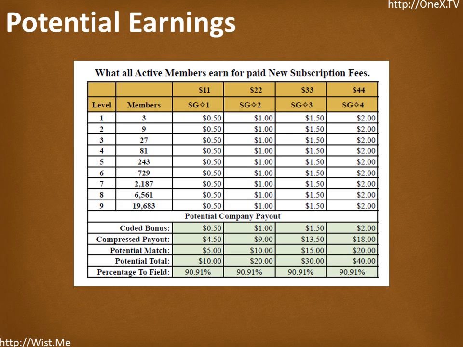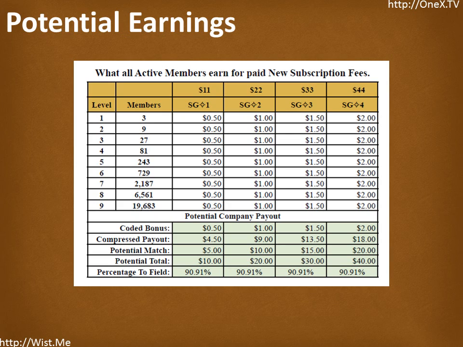Okay, now let me take my calculator. Let's just say that I'm only going to look at row 9. That is 19,683 members, and you get 50 cents from those people. That is $9,841.50, and that is only for Stargate 1.